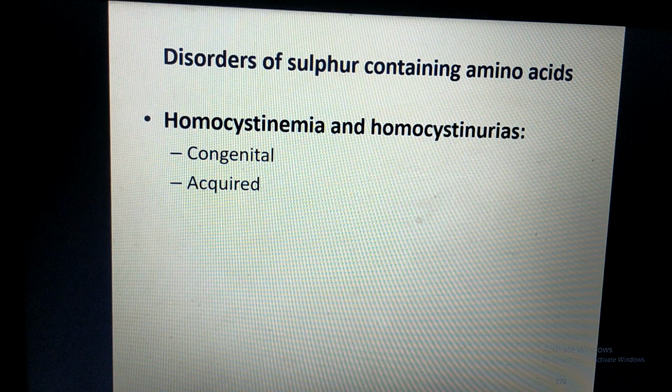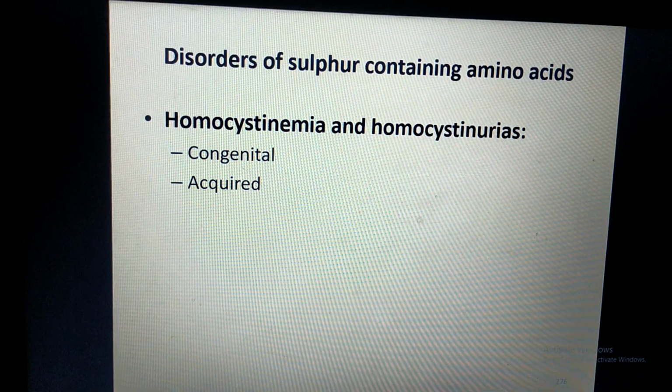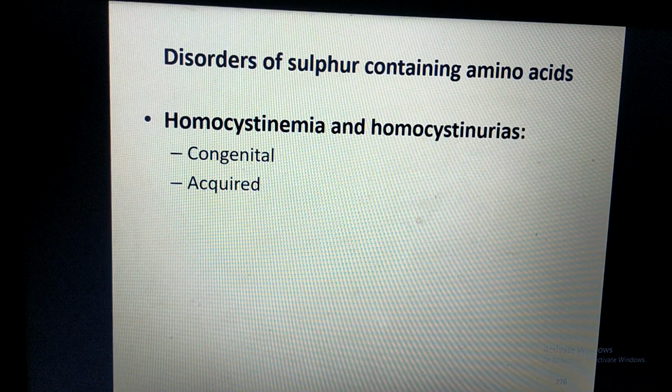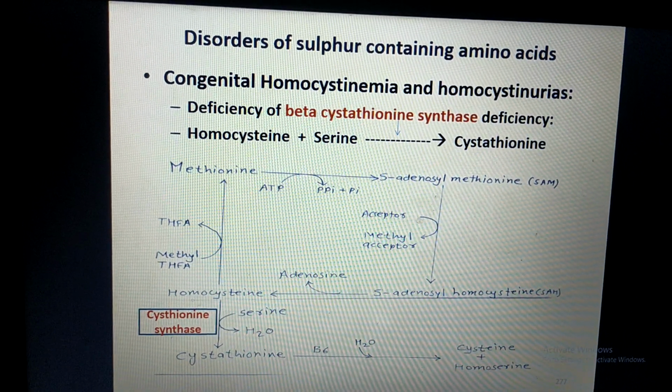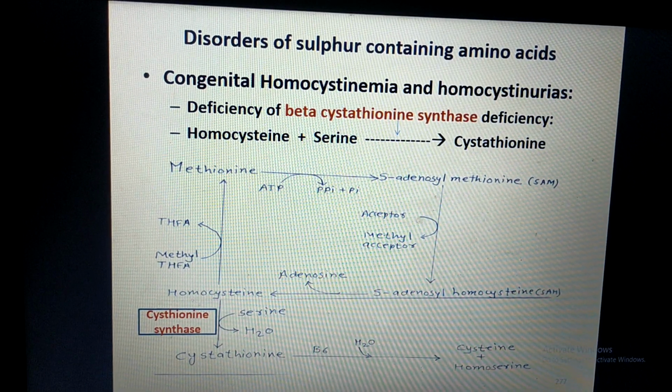Homocystinemia means increase in the homocysteine level of blood, and homocystinuria means excretion of homocysteine in the urine. It may be congenital or acquired. Congenital are usually due to deficiency of various enzymes. So first we will see congenital homocystinemia and homocystinuria. In this case the enzyme beta cystathionine synthase is deficient.